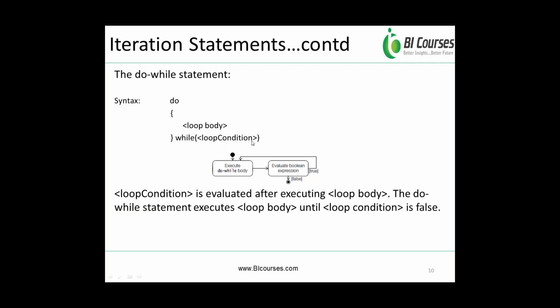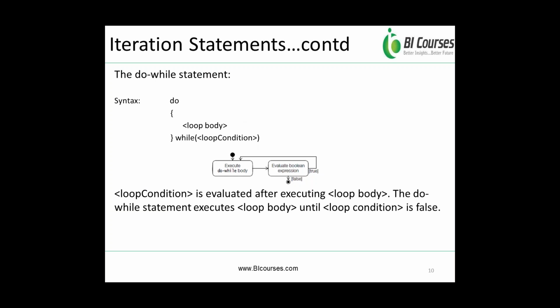Finally we check the expression. If that is satisfied, then it re-executes the statements, otherwise it terminates the loop. So the loop condition is evaluated after executing the loop body. The do while statement executes the loop body until the loop condition is false.